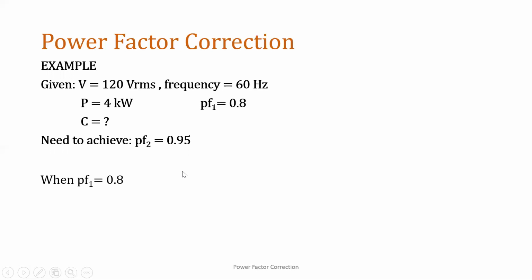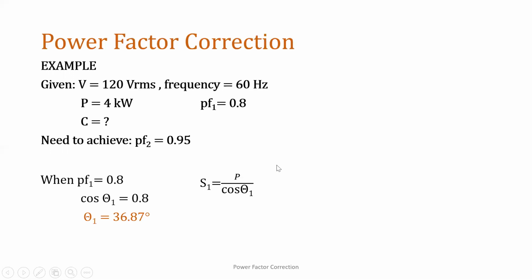So let's solve. When power factor is 0.8, our angle using arc cosine, theta, is equal to 36.87 degrees. In your calculator, you can do this: arc cosine, then 0.8, then you'll have your angle.